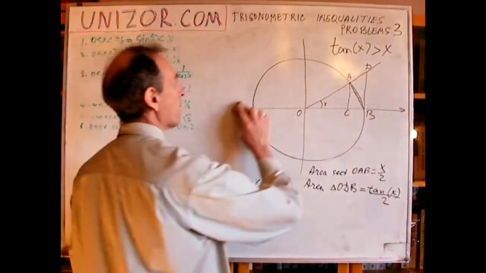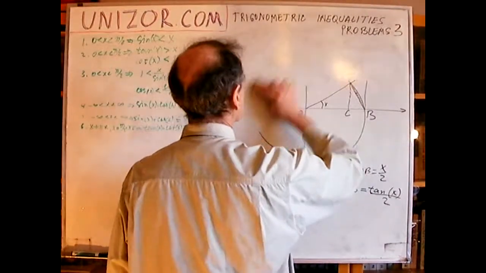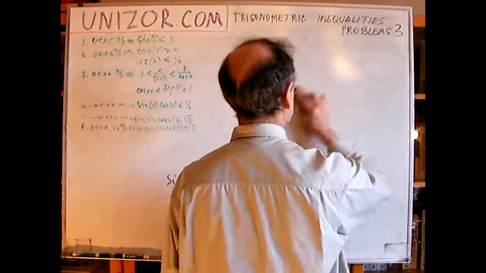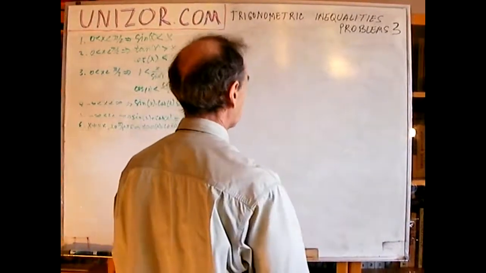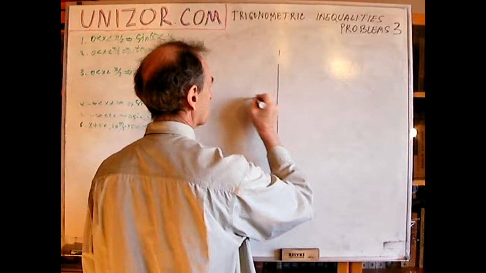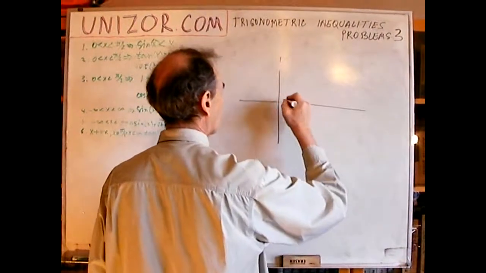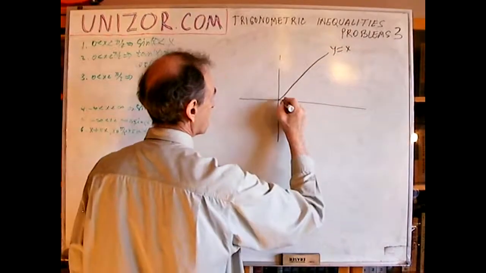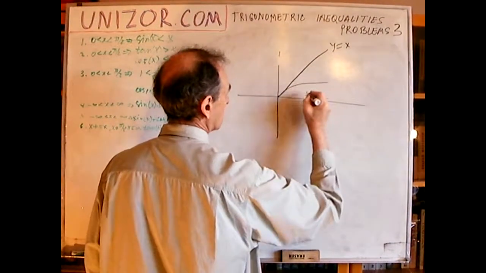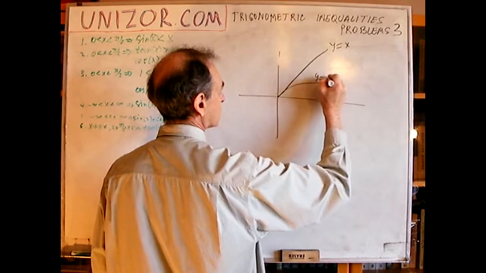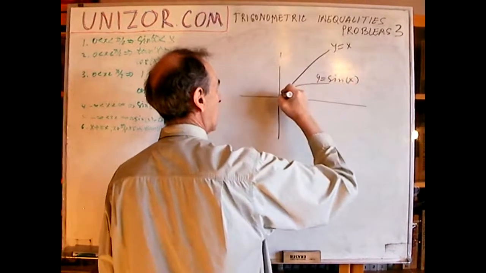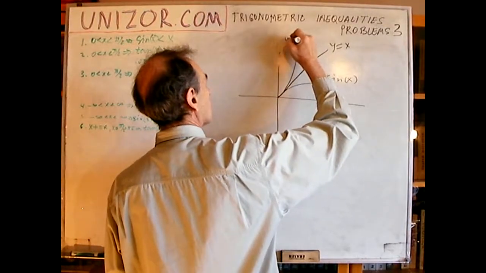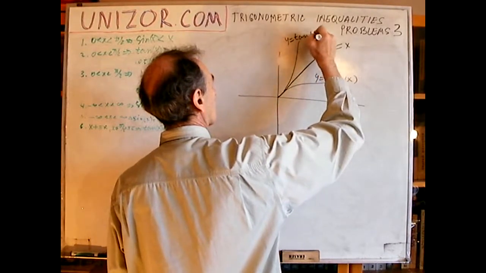Now, let me go back to the graphics. It's very interesting to see graphically. What I'm talking about is the following. If this is y is equal to x, then this is y is equal to sine of x, and this is y is equal to tangent of x.